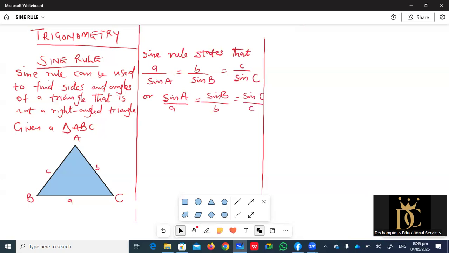This is what the sine rule says. Now let's look at an example.